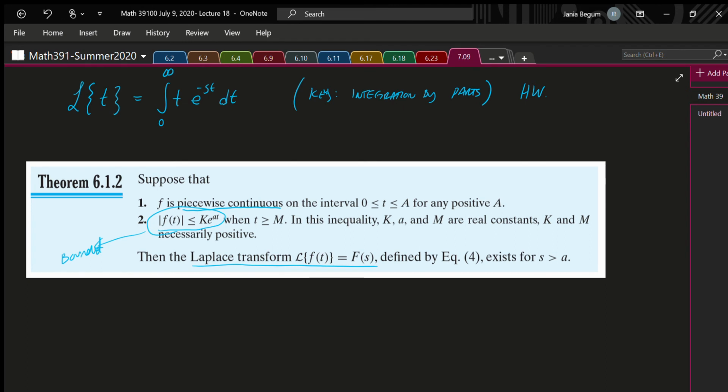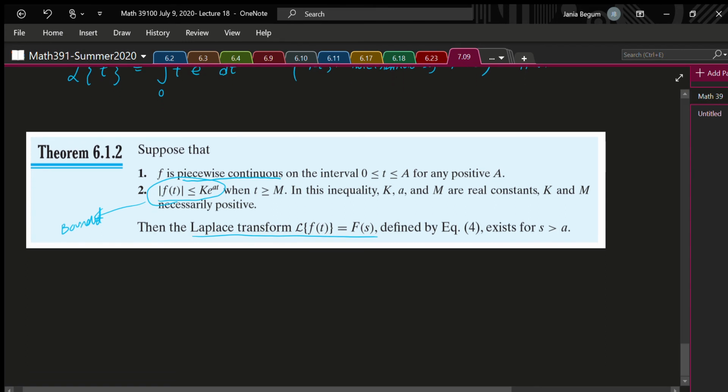So let's look at a function, okay? Here's an example to illustrate. Let's find the Laplace transform of the function f of t, which is piecewise continuous.